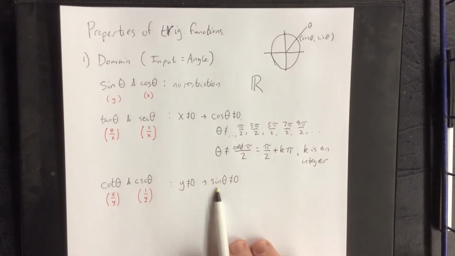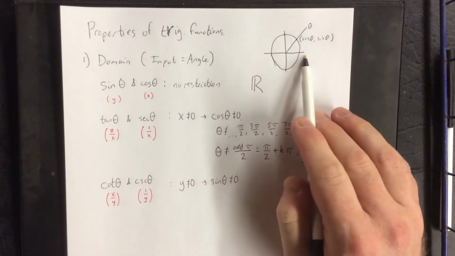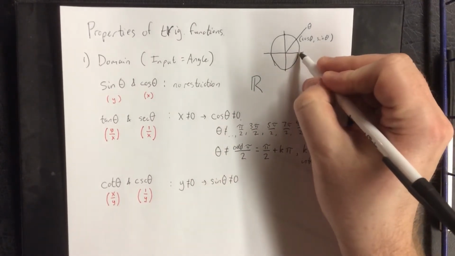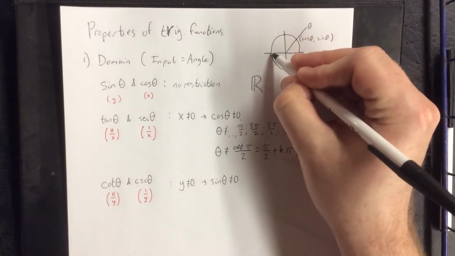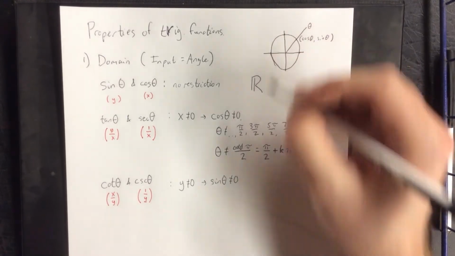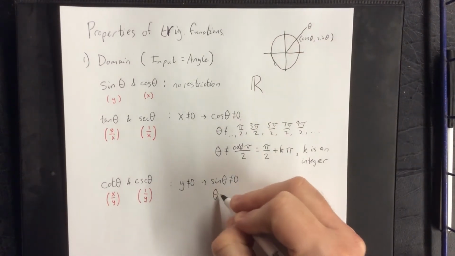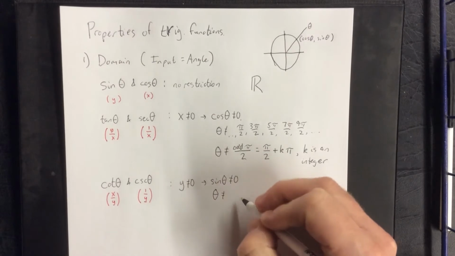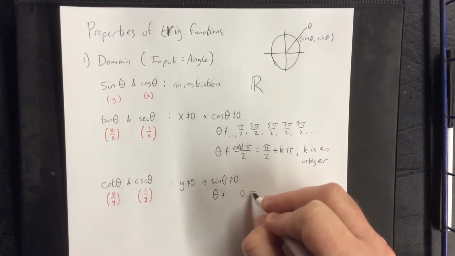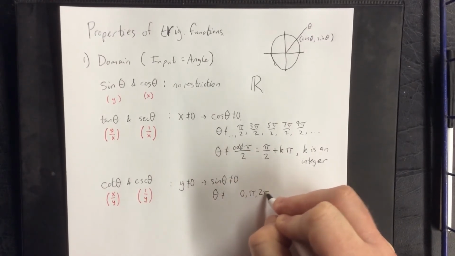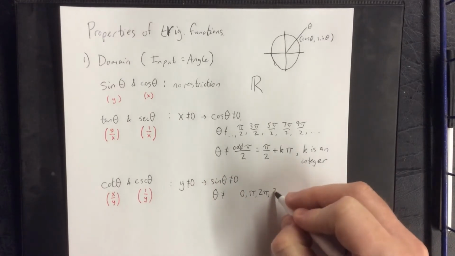Going back to our unit circle, the y-coordinate would be equal to 0 if we are at the ordered pair (1, 0) or (-1, 0). So in the first full rotation of the unit circle, this would be at 0, pi, 2 pi, but we also need anything that's coterminal to these angles.